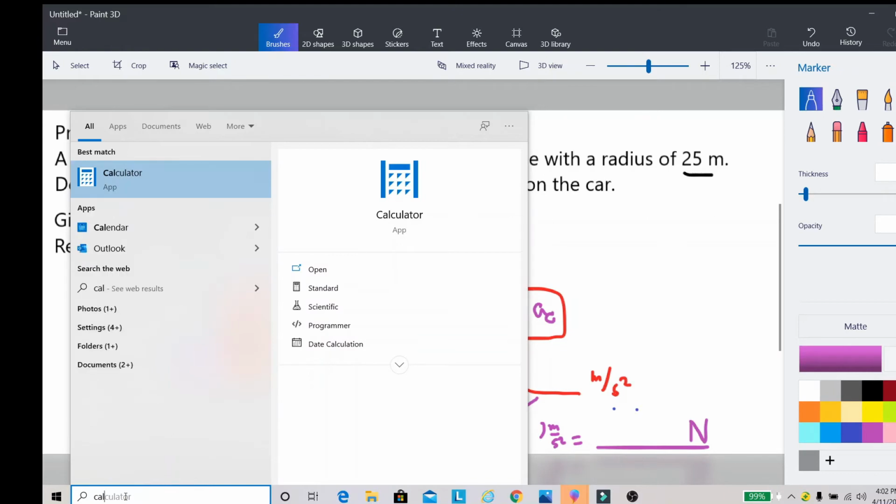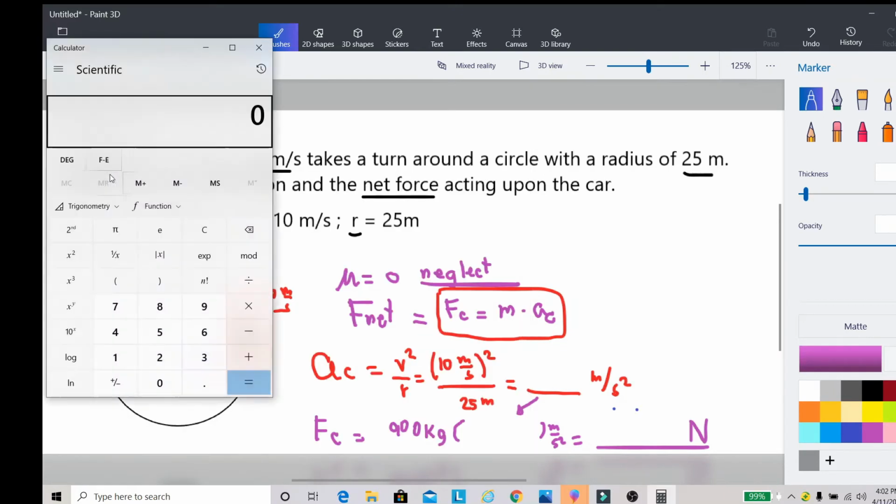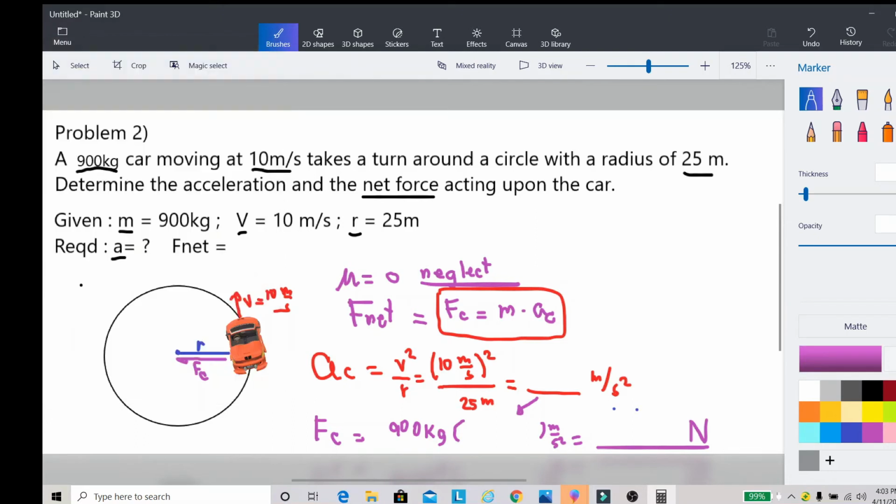That will be 10, and then we square that and then divide that by 25. So that will be 4. So this one will be 4 meter per second squared.